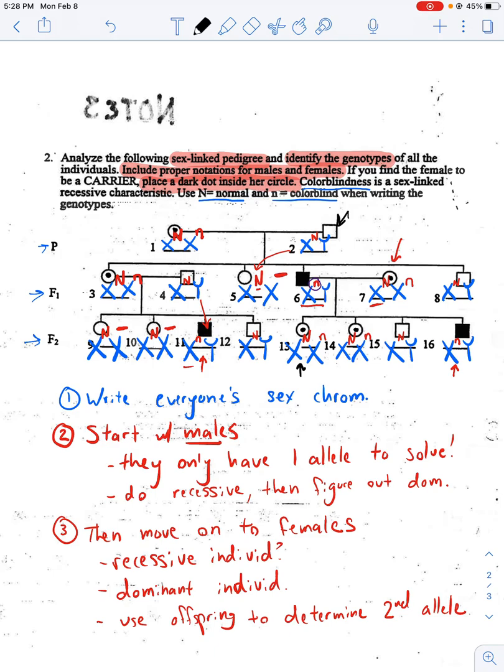So what you would say is it's the paternal grandfather. And what I mean by that, it's the grandfather of 13 on her father's side of the family. So if you ever see maternal, it means on the mother's side. And paternal means on the father's side.